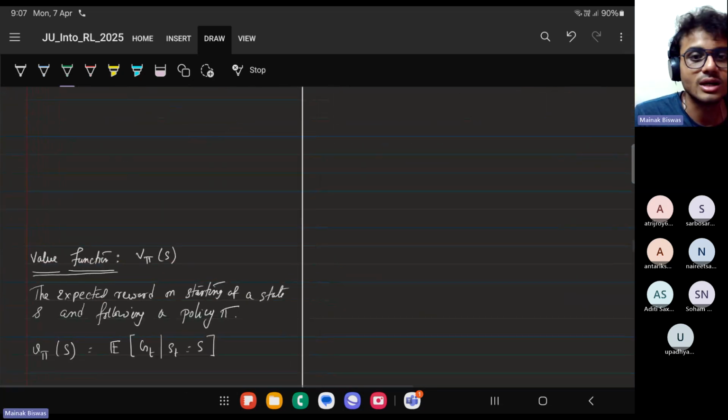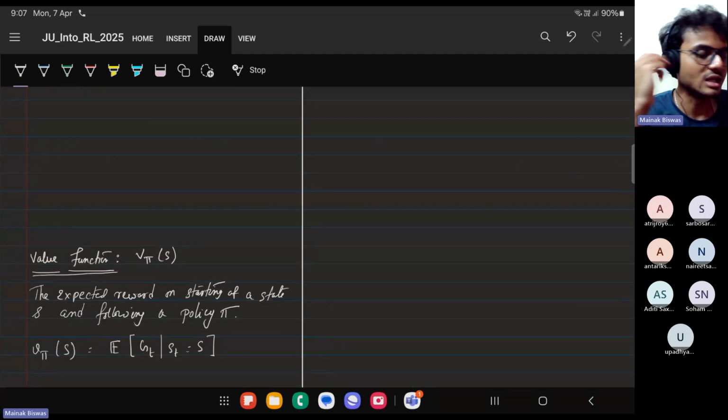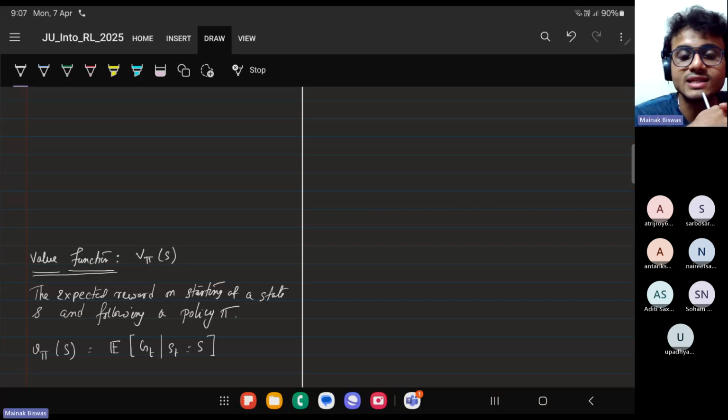So we discussed what continuing tasks are, what discounted tasks are, what a policy is, and so on. Now we have to understand how to decide on the best policies, or decide what actions to choose. So there comes the first algorithm, based on states and actions.